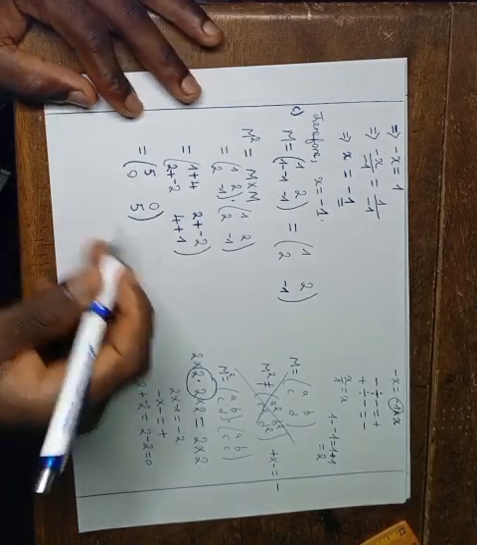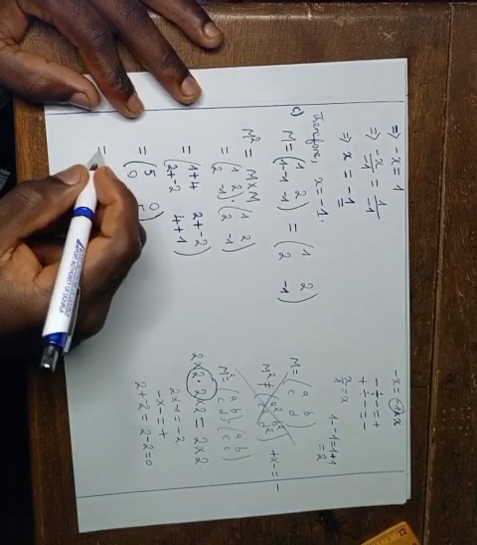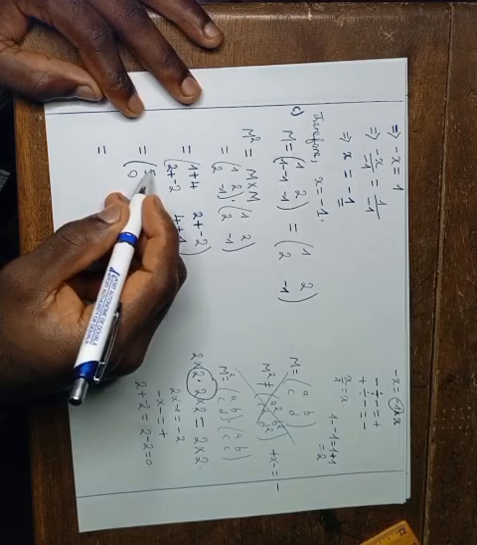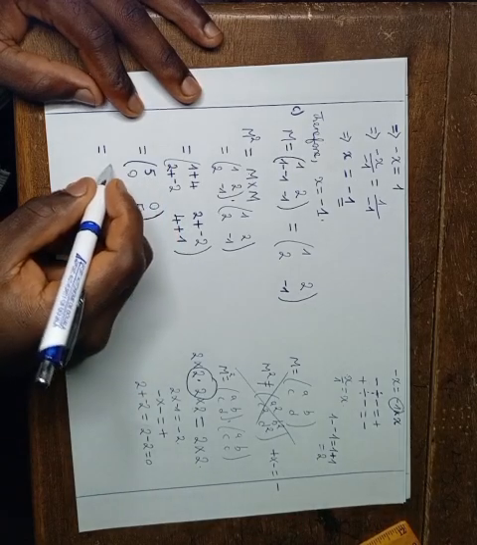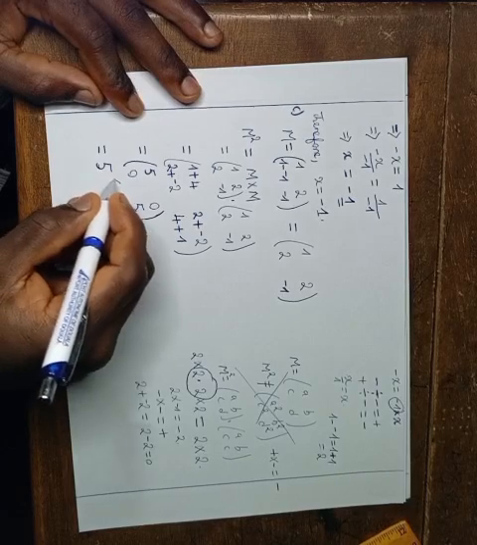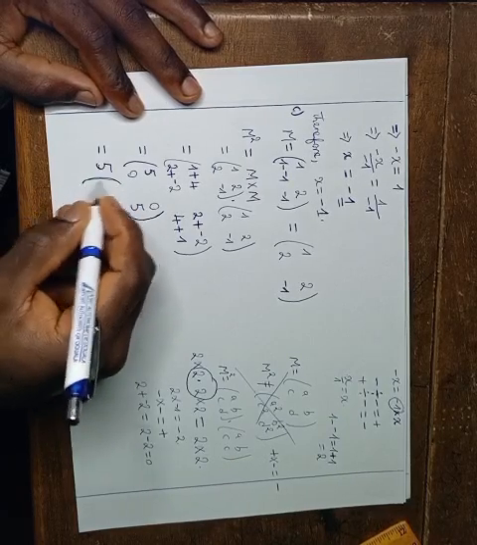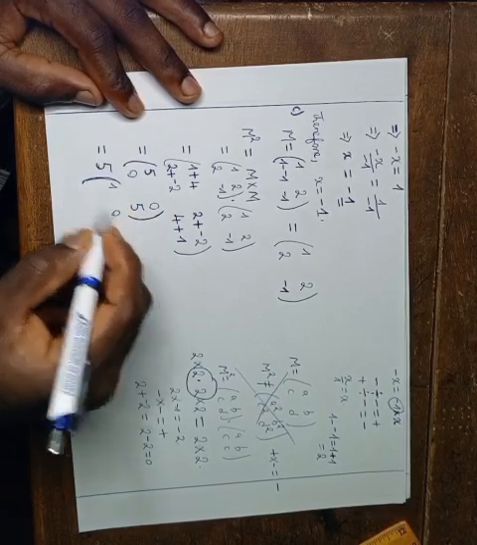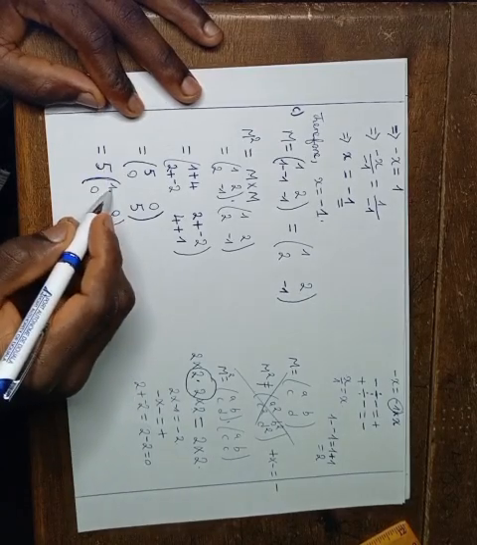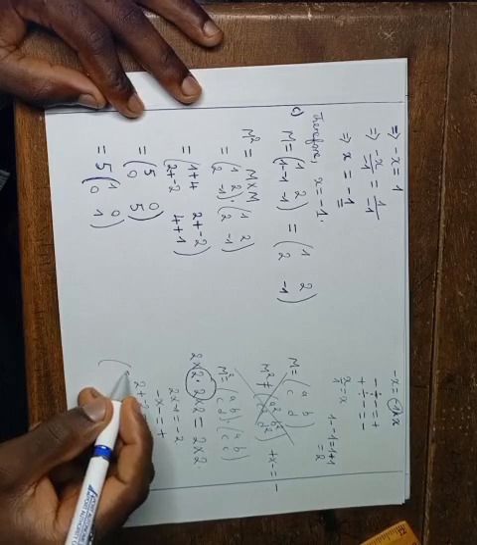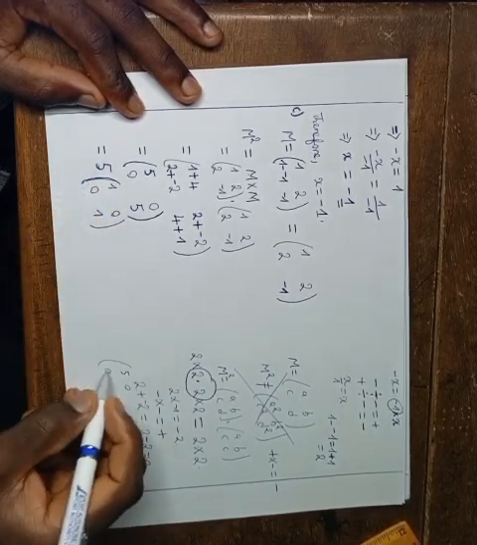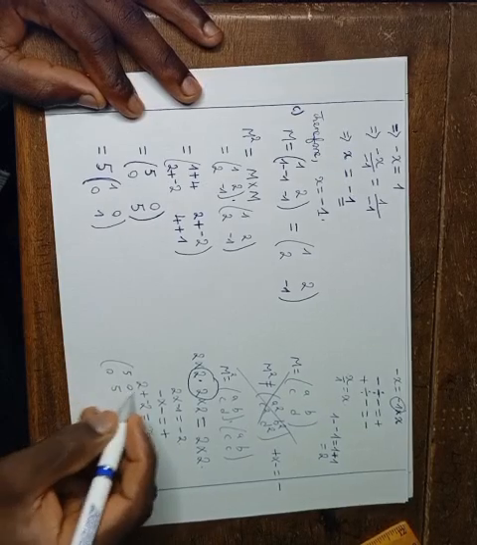For this matrix M squared, we can decide to factor out the constant. You can see we can factor out 5. You can write this matrix as the constant 5 times the matrix 1, 0, 0, 1. We know 5 times 1 gives us 5, 5 times 0 gives 0, 5 times 0 gives 0, and 5 times 1 gives 5.